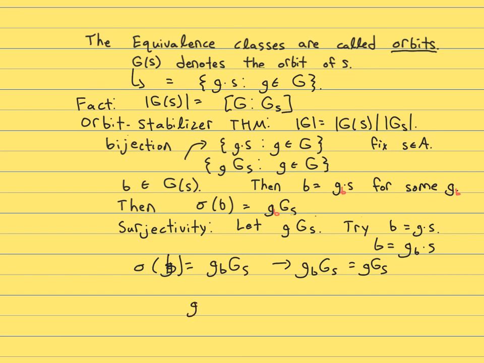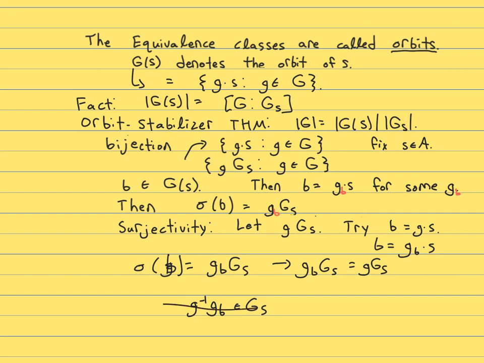What do we need? You just need to show that g inverse times g sub B is in the stabilizer. I'll keep calling it g sub B for right now. I didn't do it earlier because it didn't matter until now, but now it's worth emphasizing this point of clarification, because if I didn't make that point, it would be confusing why I'm spending time on this part of the argument instead of saying that it's clearly true. It's not clearly true. There were choices we made, and we have to stand by them.